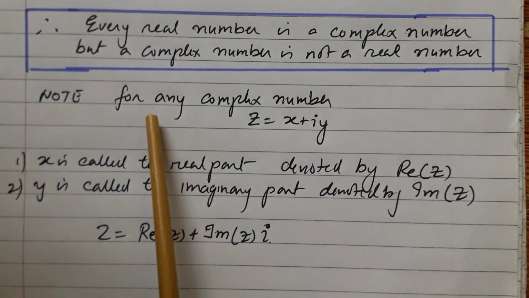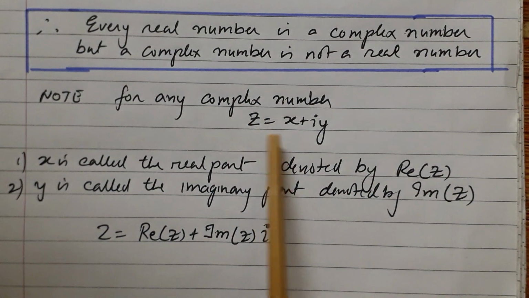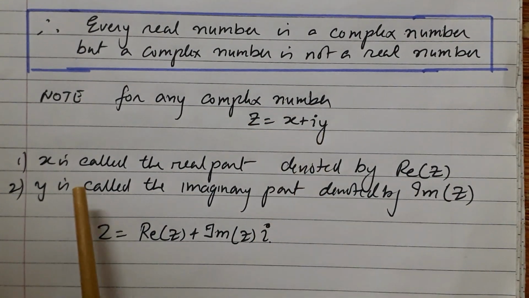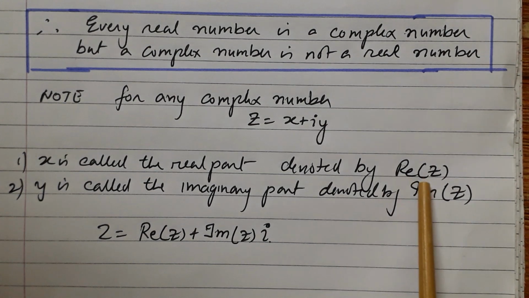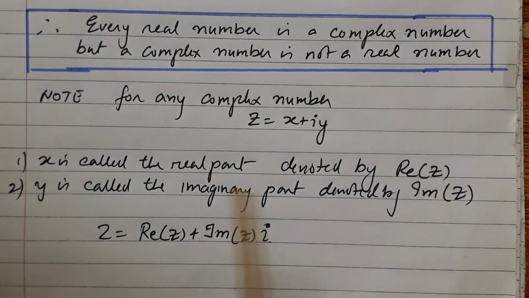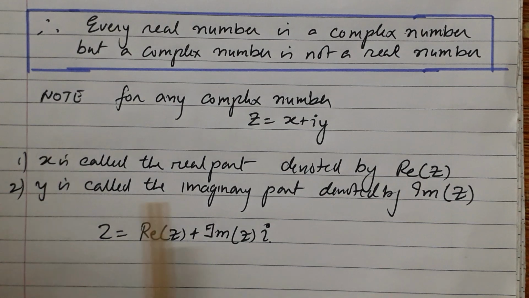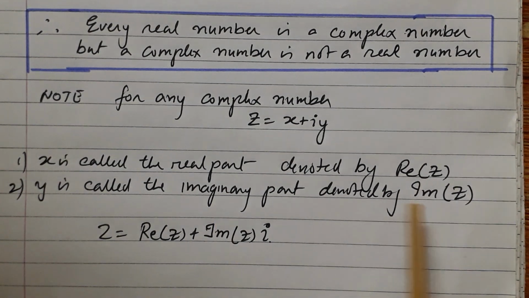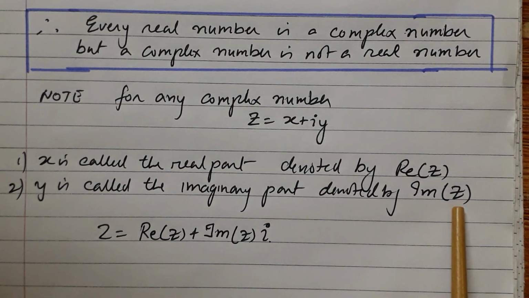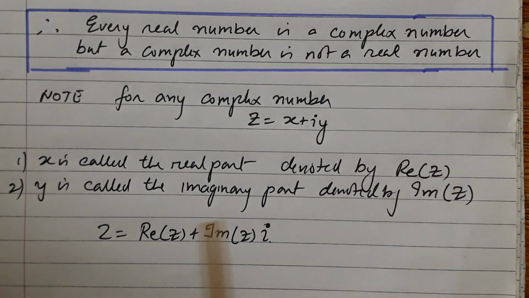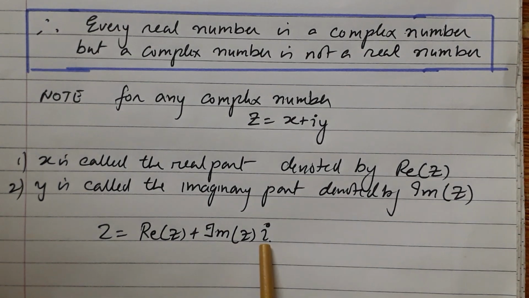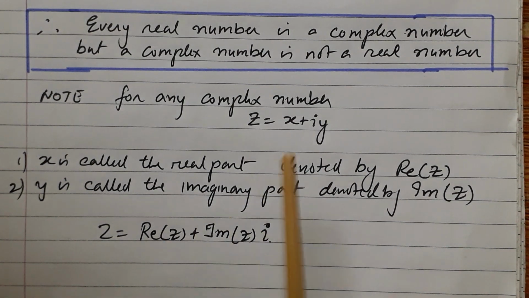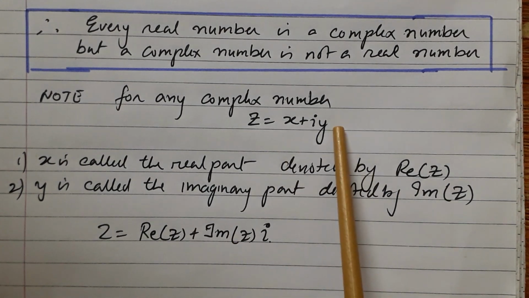Also note that for any complex number z is equal to x plus iy, x is called the real part, denoted by Re(z), which is the abbreviation, and y is called the imaginary part, denoted by Im(z). So z is equal to Re(z) plus Im(z) i. That is, the real part is x and the imaginary part is y.